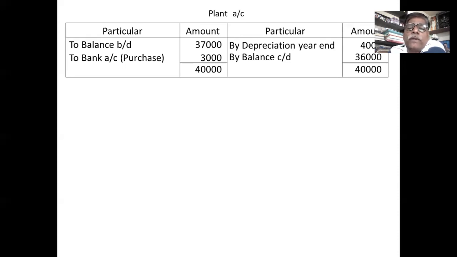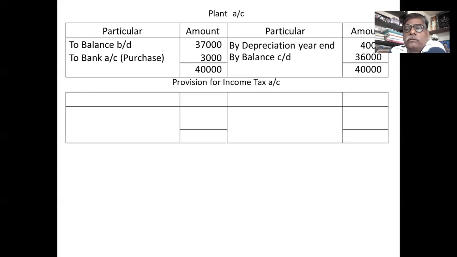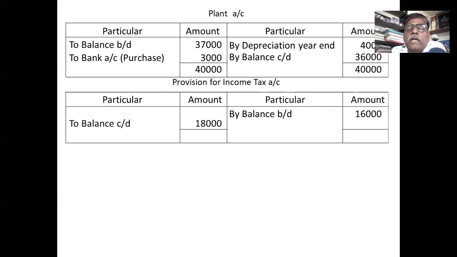Then next you prepare the provision for income tax account. It starts with the credit side balance, by balance brought down 16,000, to balance carried down 18,000. Then you write the tax paid given in the adjustment, to bank account 19,000.